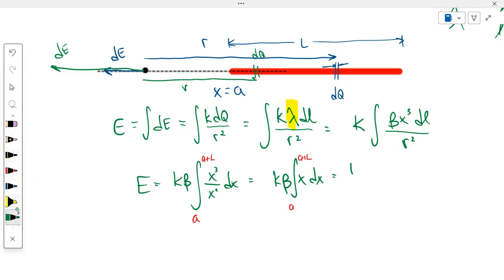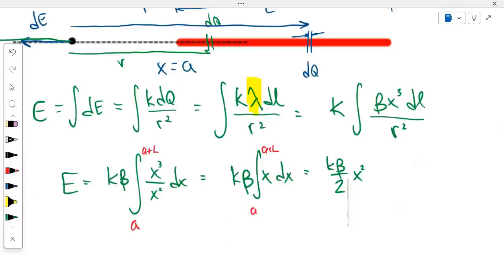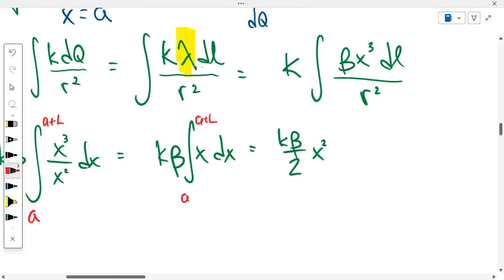Or k beta over 2 times x squared, since the integral is x squared over 2. I'm only going to evaluate the x squared part, because the 2 is a constant, so that can come out.